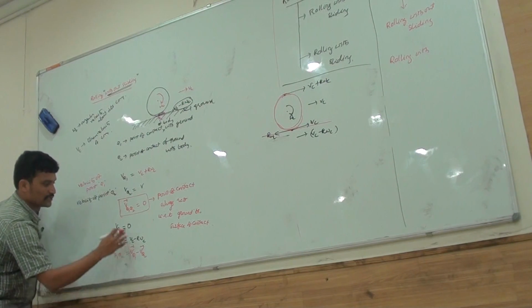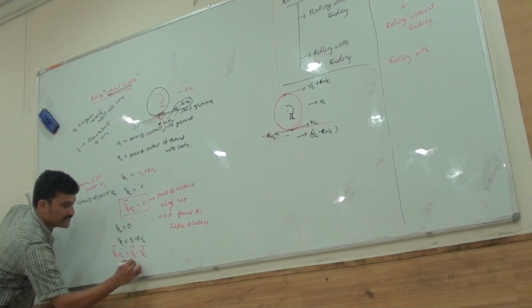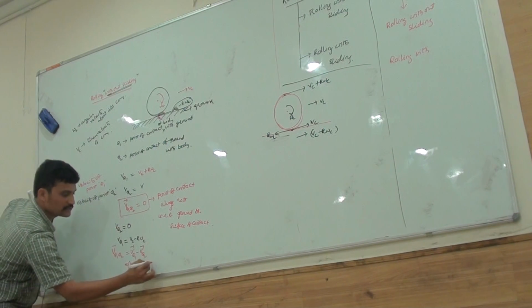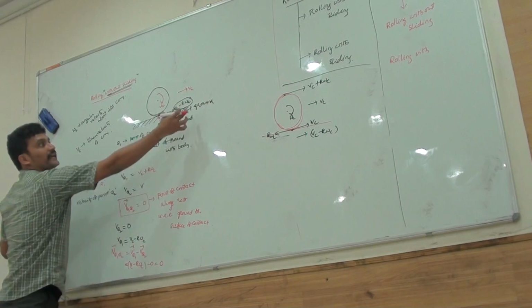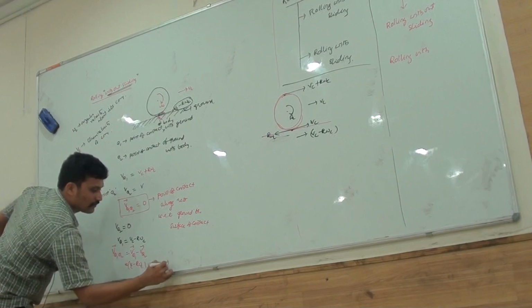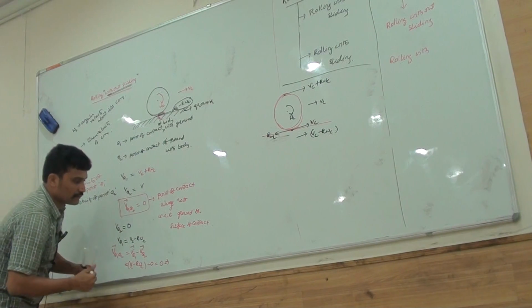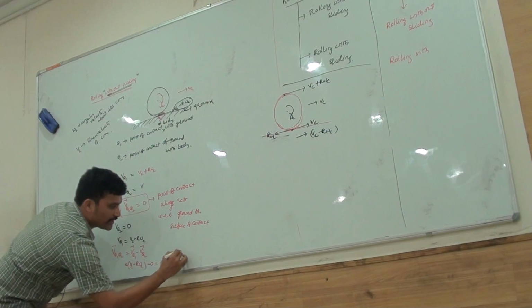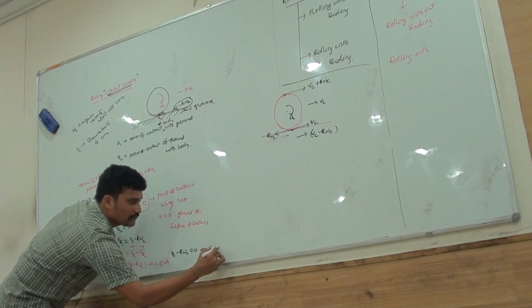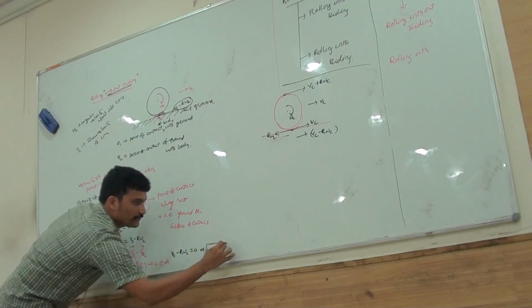Now VQ1 is Vc minus R omega c, minus VQ2 which is 0, because I take the surface as ground. So from this data, Vc minus R omega c equals 0. From this, Vc equals R omega c.